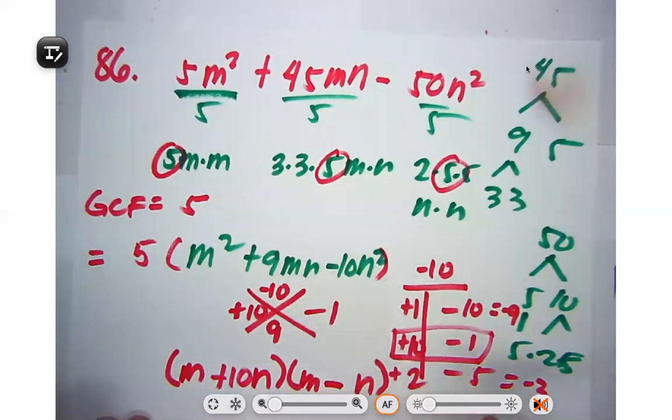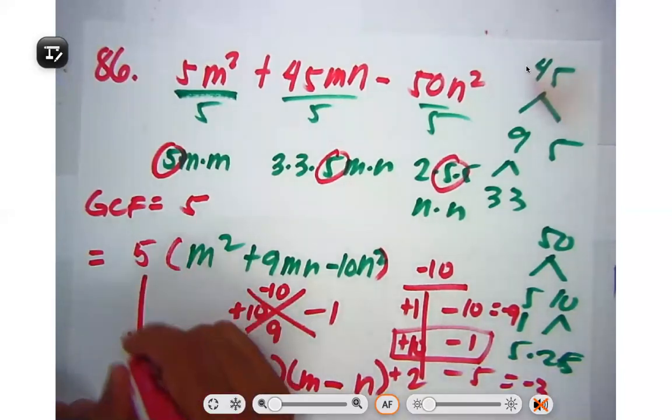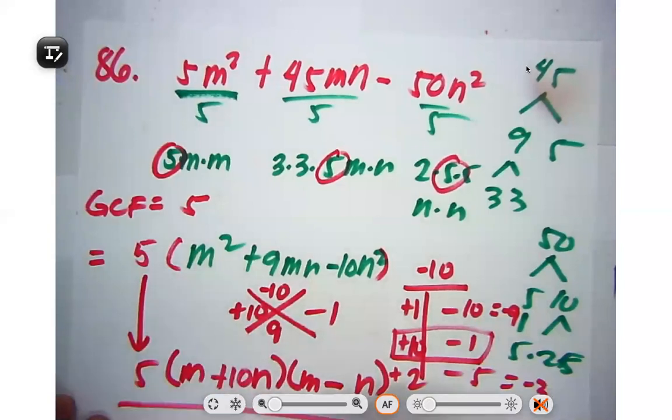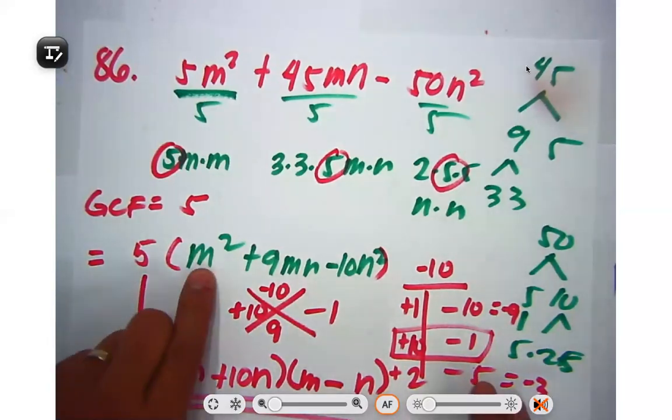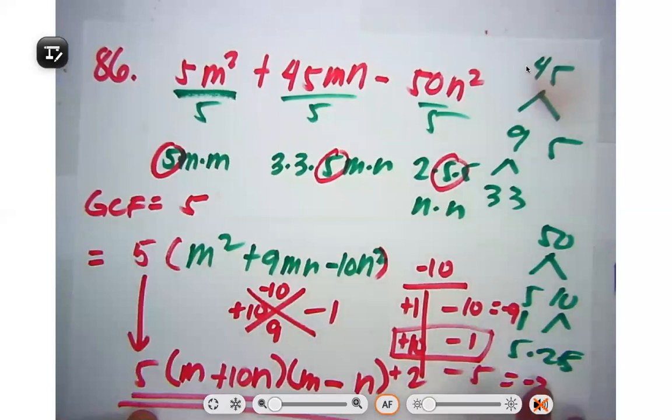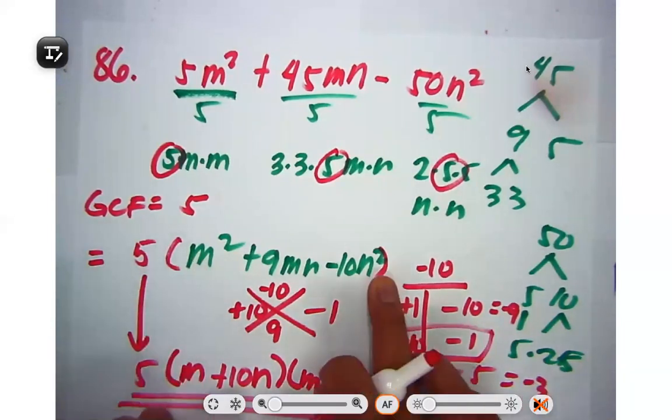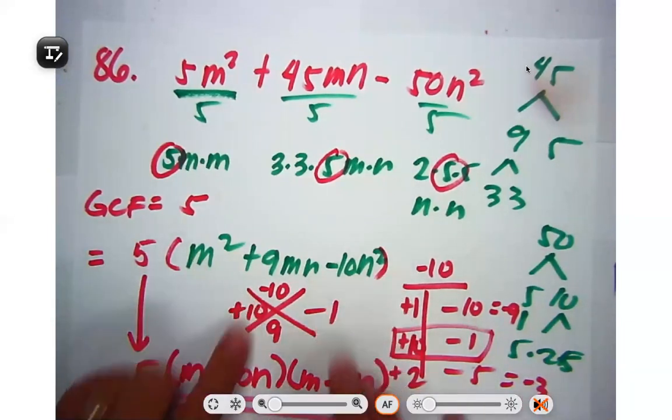Okay, and we bring down 5. So this will be your factors: 5, m plus 10n, and m minus n. So if you have m squared and n squared, you factor m squared as m, m, n squared as n, n, and then you put the numbers in between.